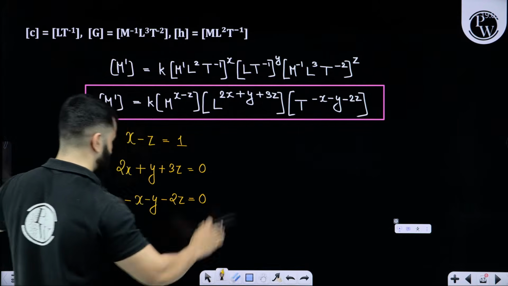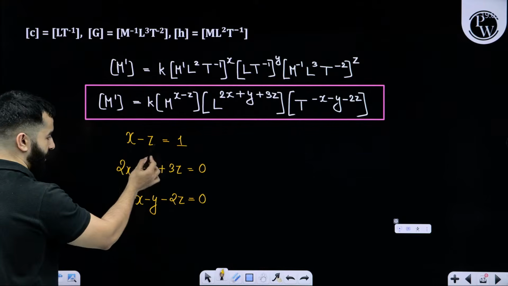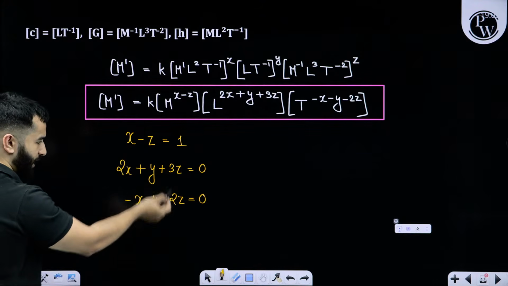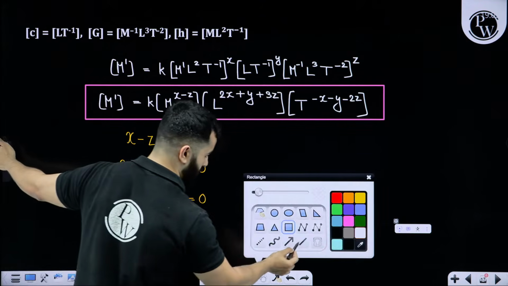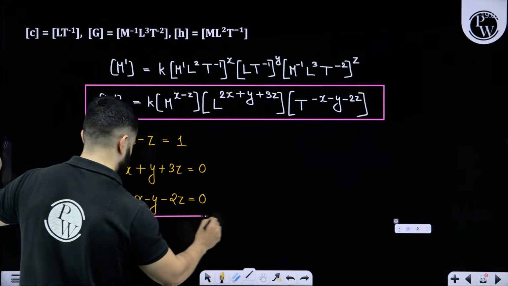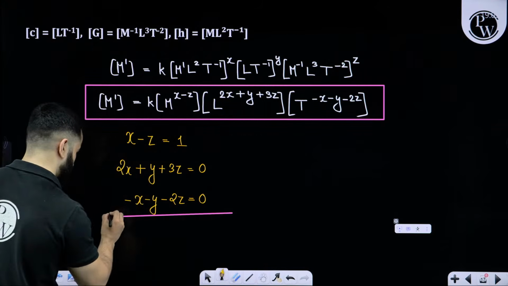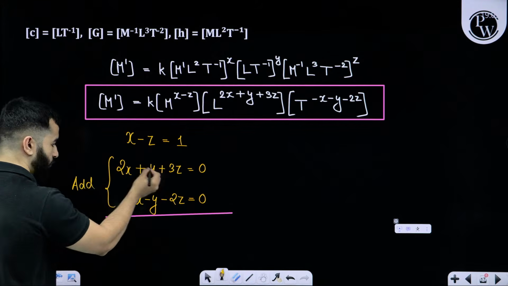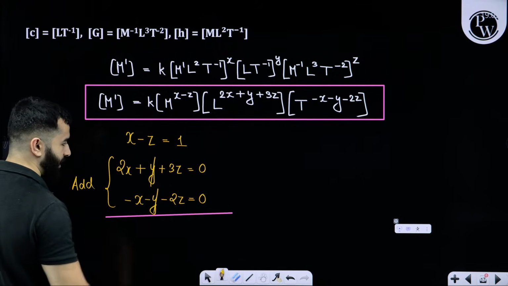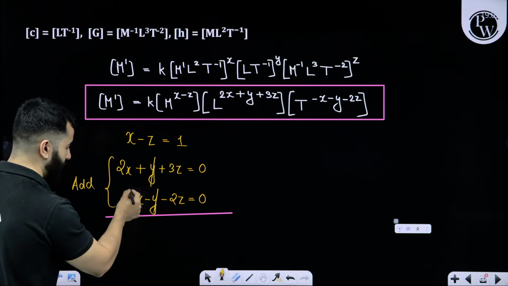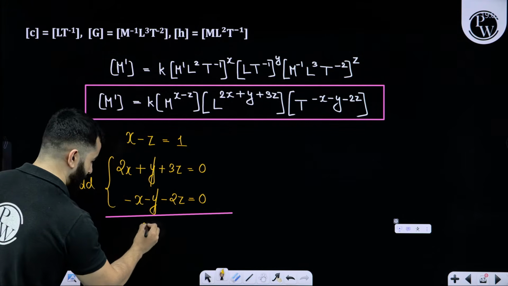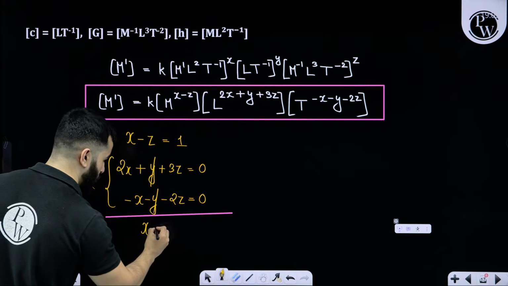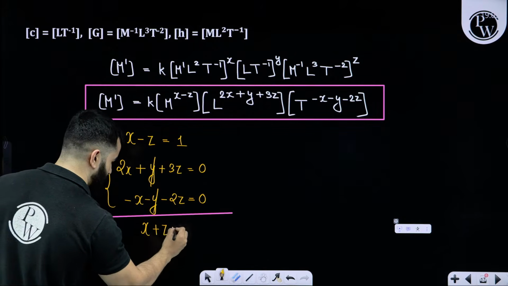Now, my dear friends, according to me, we can see you have got an x and z over here. So simply add these two equations, because if you add, y and y will get cancelled out. And you will get 2x minus x, that is x, 3z minus 2z, that is plus z, is equal to 0.